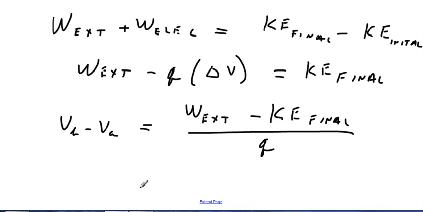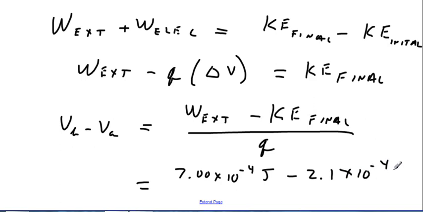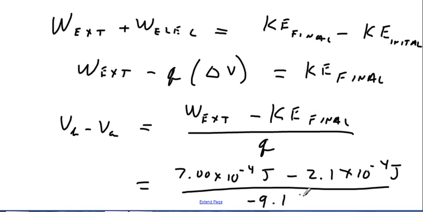And we know that the work done was 7.00 times 10 to the minus 4th joules, and the kinetic energy is 2.1 times 10 to the minus 4th joules, and we know what Q is, minus 9.1 times 10 to the minus 6 coulombs.